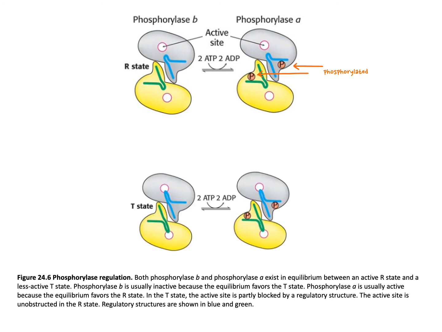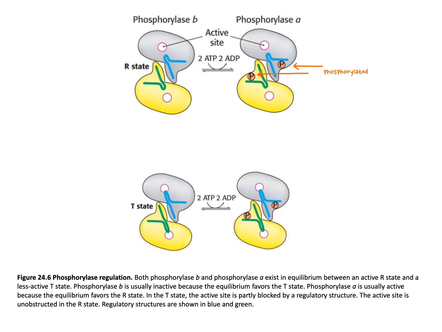The bottom is the T state. The A form and B form both have this T state, where the regulatory structure, the blue ribbon and the green ribbon, stick into the active site, bound to the active site, partially block the active site, making it less active.